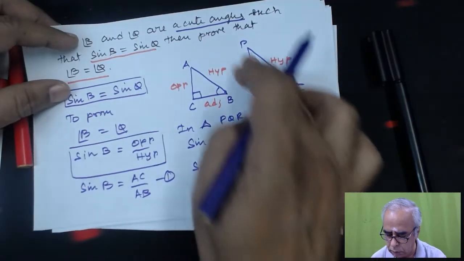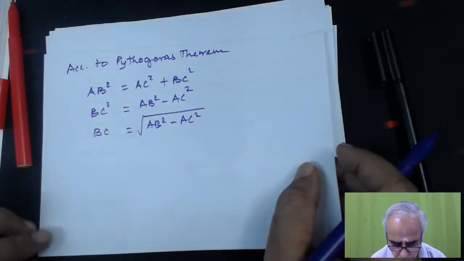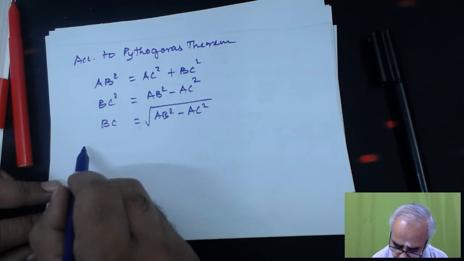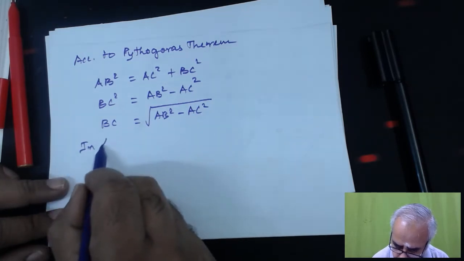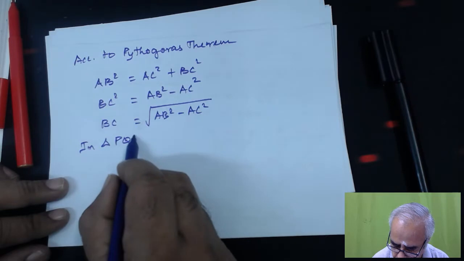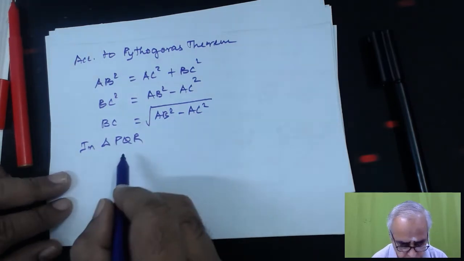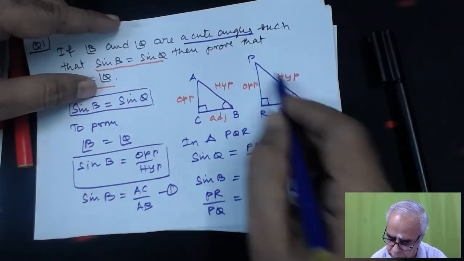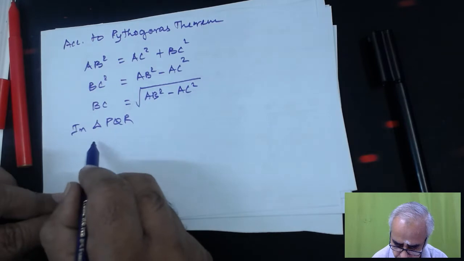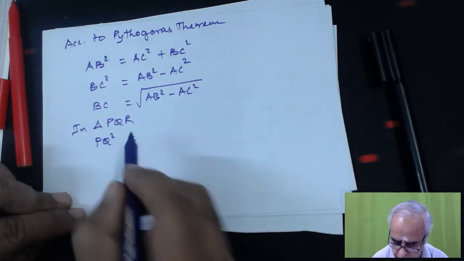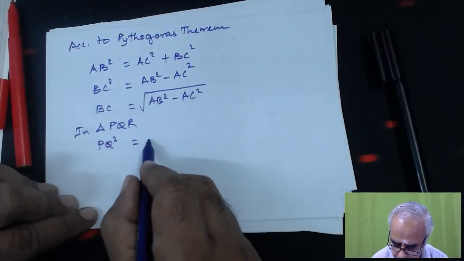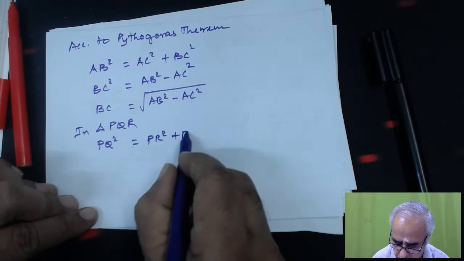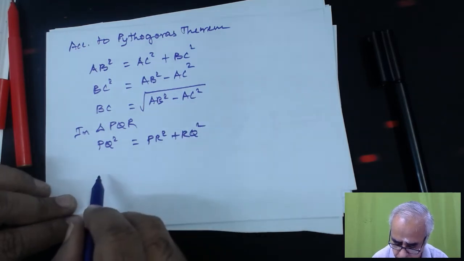Similarly, let us consider this triangle PQR. Here let us apply Pythagoras theorem: PQ squared is equal to PR squared plus RQ squared, right?